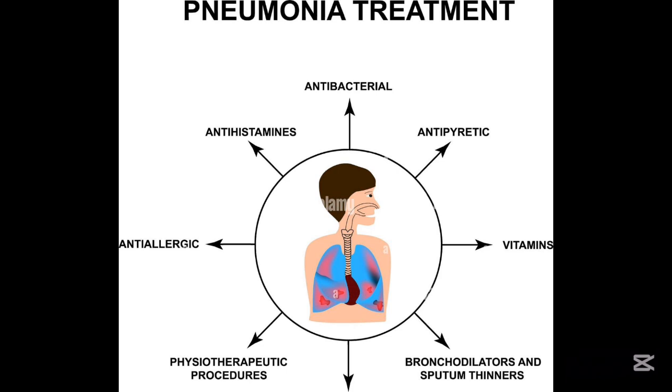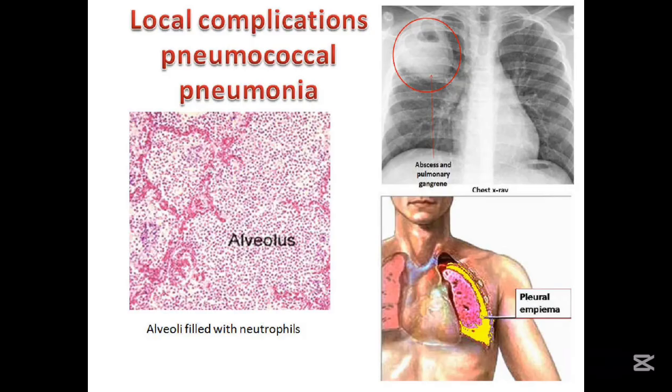For aspiration pneumonia, you can give a combination of amoxicillin-clavulanate or clindamycin, or metronidazole plus ceftriaxone. You can also do supportive care where you give IV fluids, oxygen therapy, antipyretics, for instance paracetamol, and bronchodilators if there's bronchospasm.